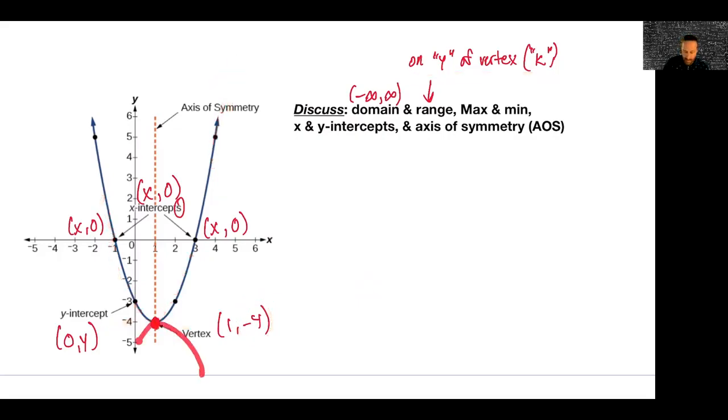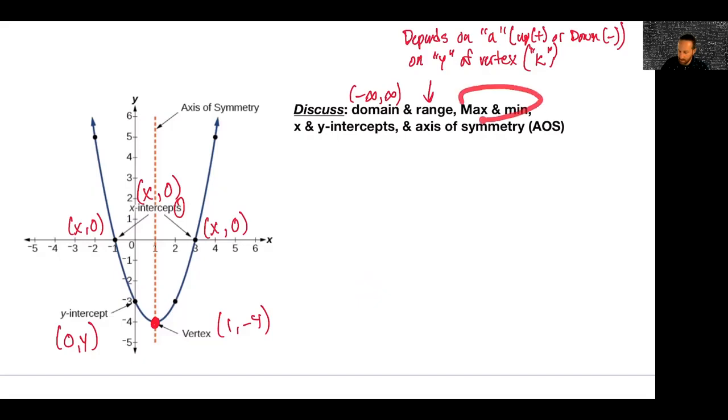Now, if it was facing down, it would start, since it goes down and out forever, at negative infinity. Remember, we never include infinities, all the way up to a high point of -4, which would be included. Okay, so that range depends on two things, on the y of our vertex and our a, the coefficient of x squared, and whether it's up, positive, or down, negative.